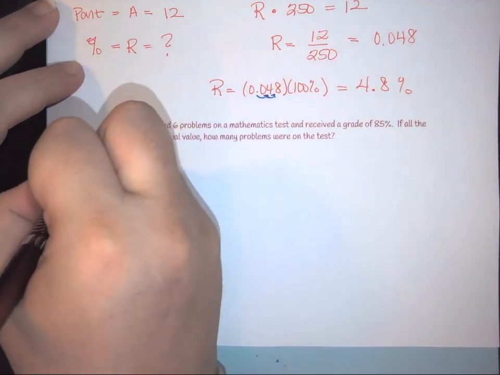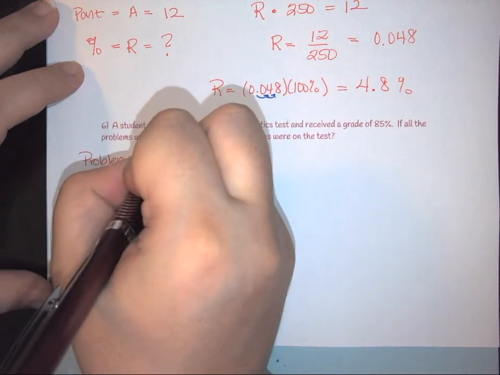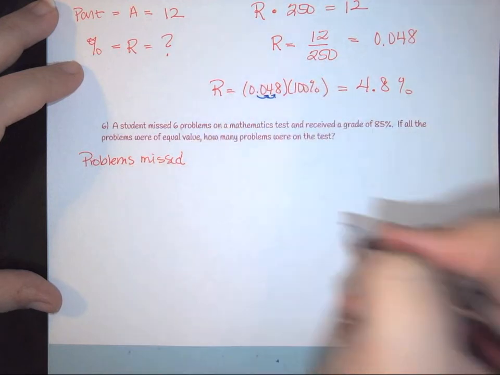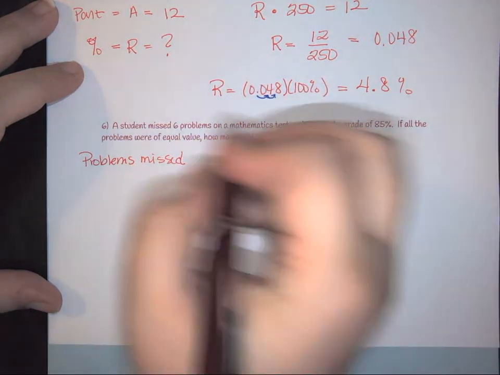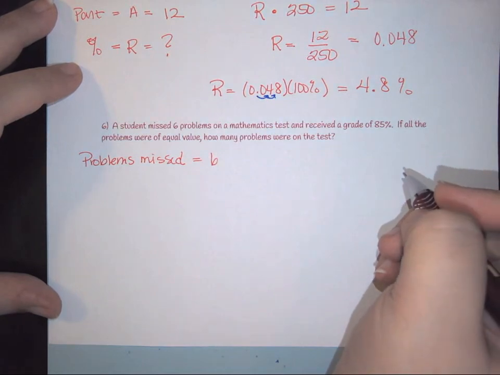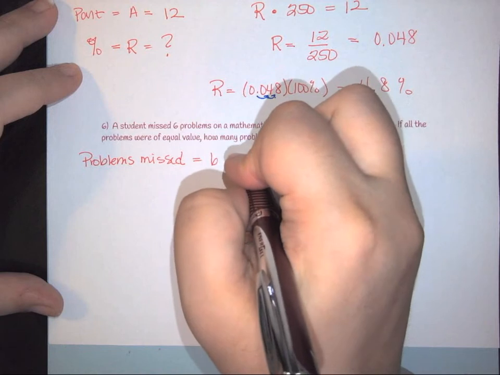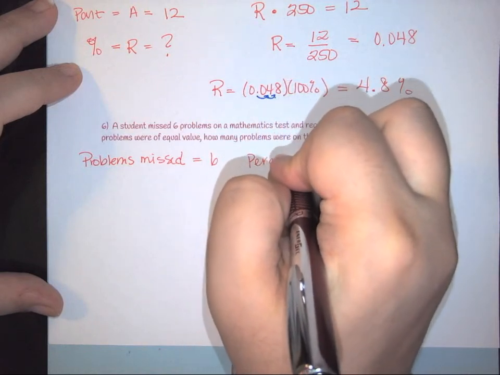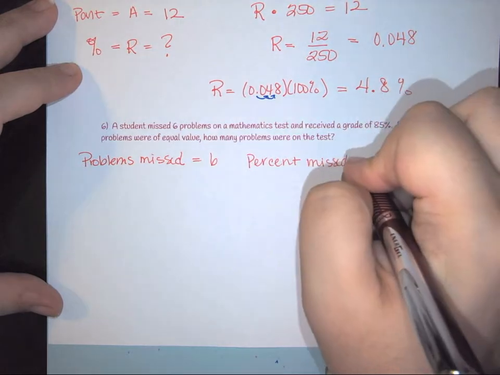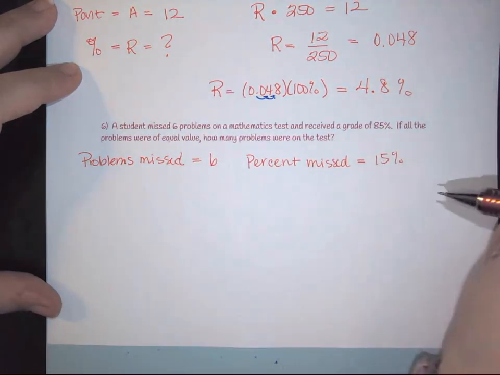Well, we know that we have problems missed, which in this case was 6. And so then we also have percent missed, which would be 15%. Now, some would say, how are you getting that?